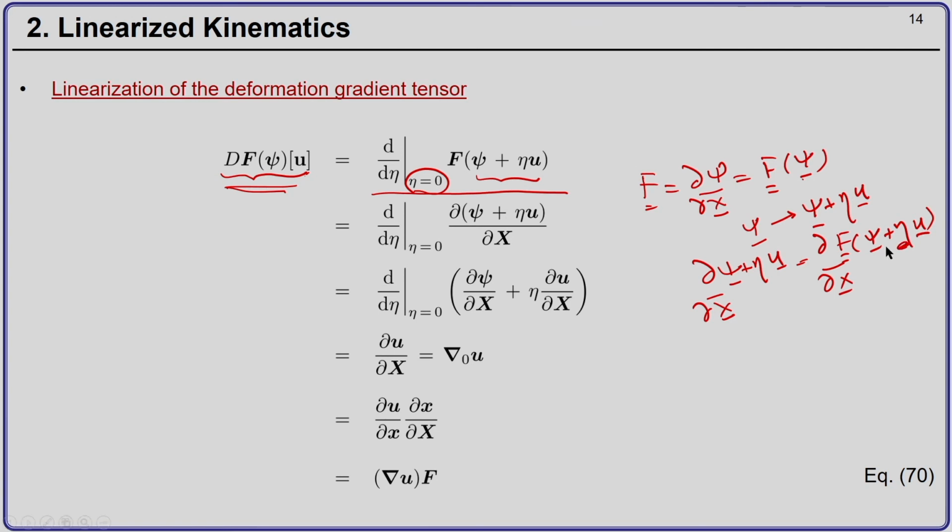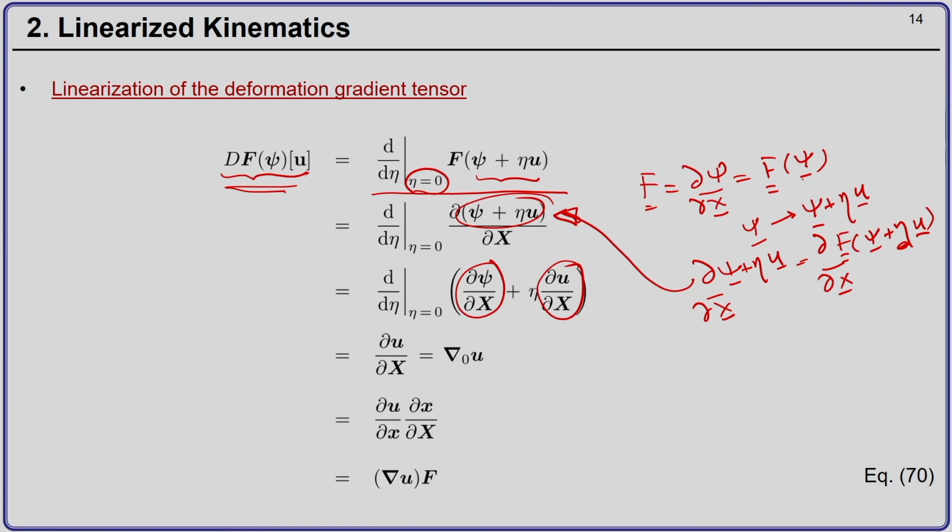So, that is what we have written here. So, now we can open up the brackets. Okay. I can write this quantity as del psi by del X plus eta times del u by del X.